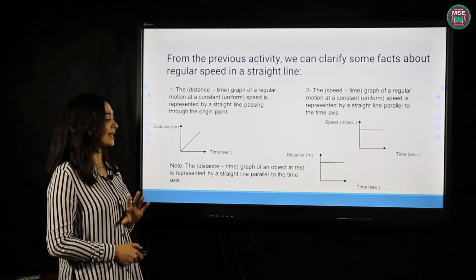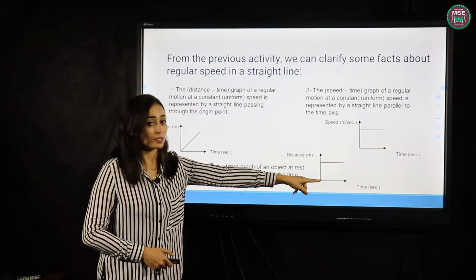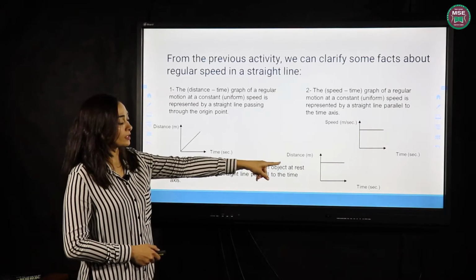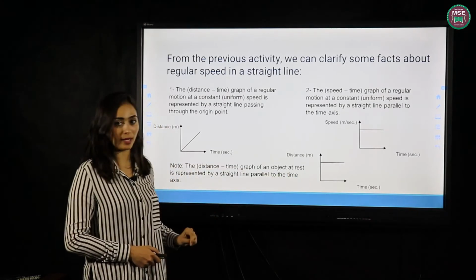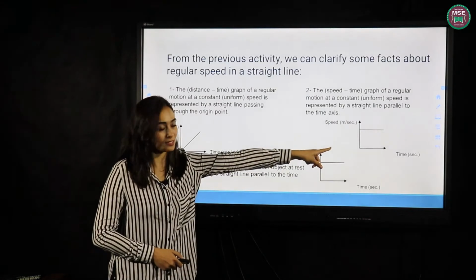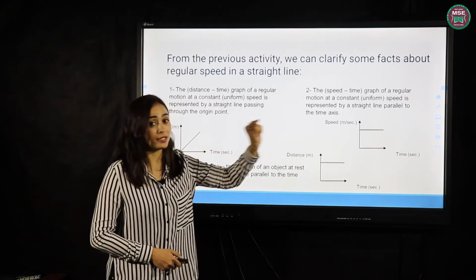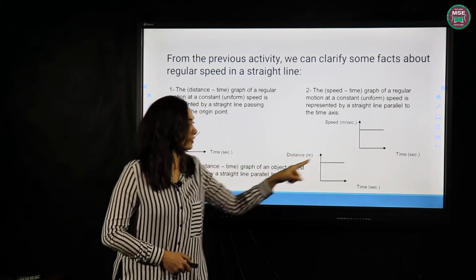While when the body is at rest, the distance and time graph for the body, it doesn't move. The graph is represented by a straight line parallel to the time axis. It looks like what? Yes, it looks like the speed and time graph for uniform speed. Here you have to focus on speed, time.